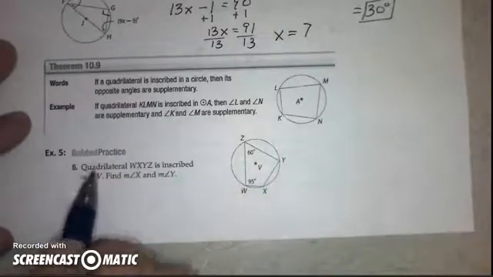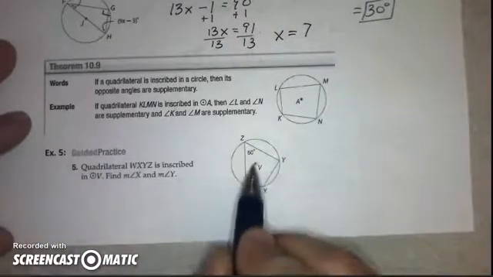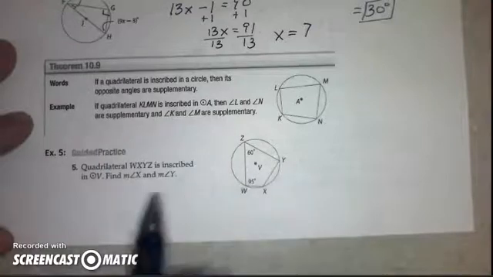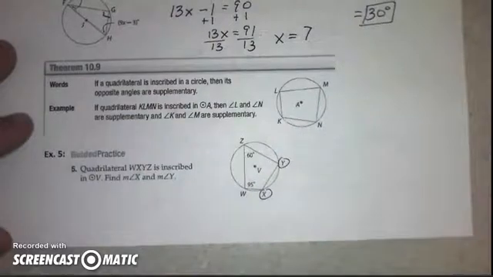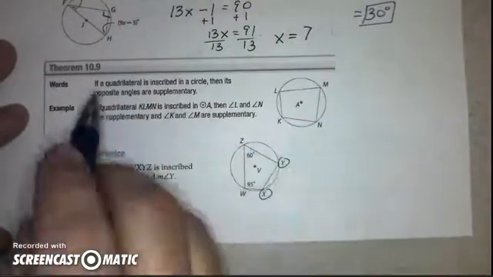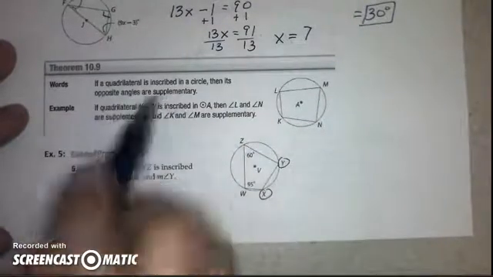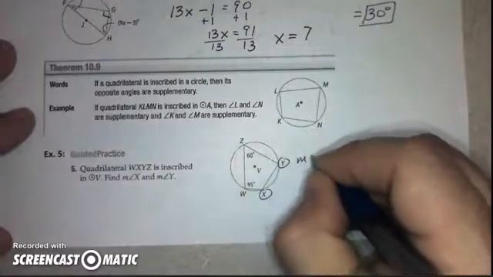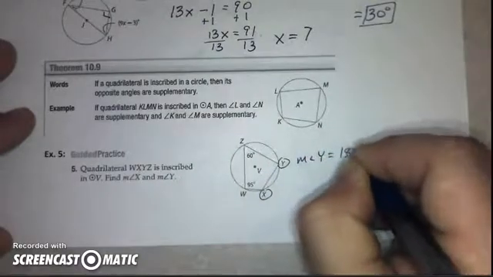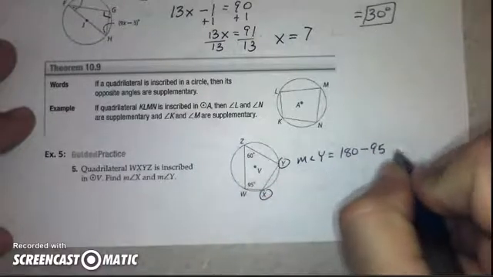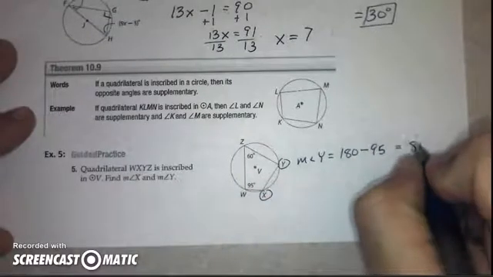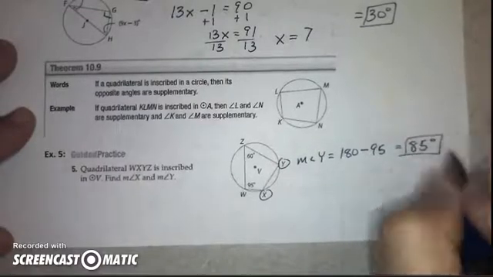In example 5, quadrilateral WXYZ is inscribed in circle V. We need to find the measures of angles X and Y. This is not very difficult. Remember that opposite angles are supplementary. So the measure of angle Y is 180 minus its opposite angle of 95, which is 85 degrees.